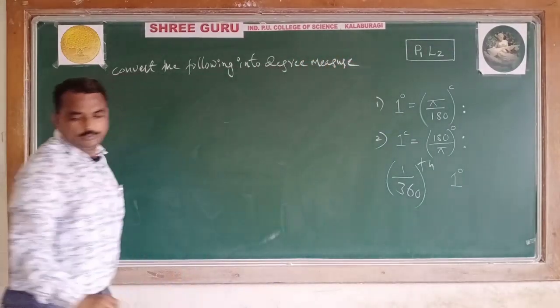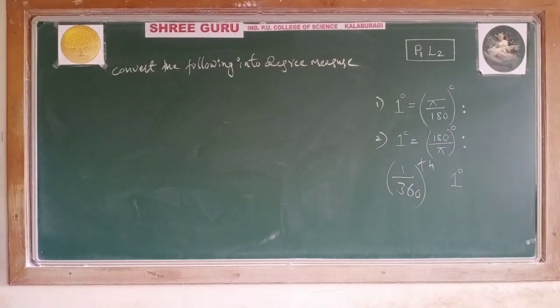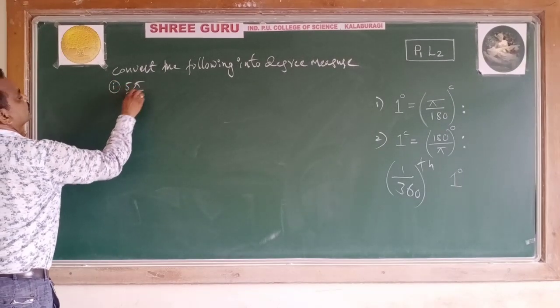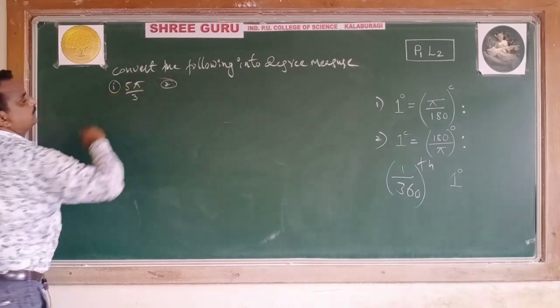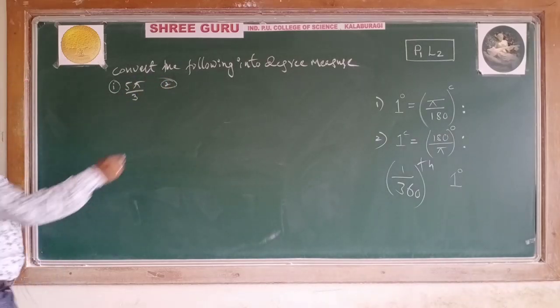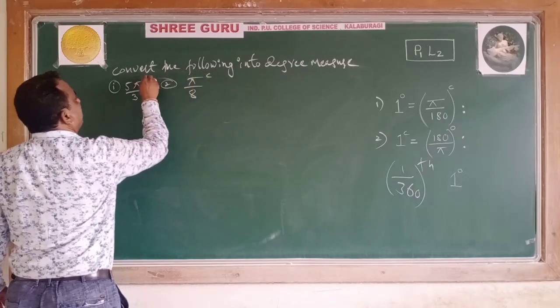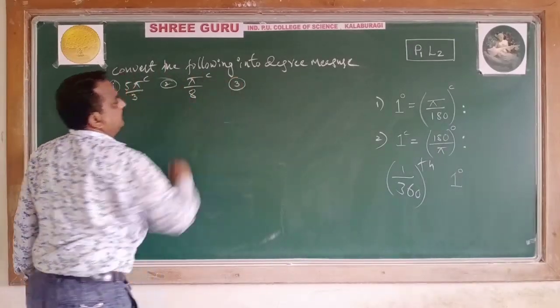See some examples converting to degree measure: 5 pi by 3, pi by 8, 11 by 16, and minus 4 radian. Let us take their measurements in terms of radian.